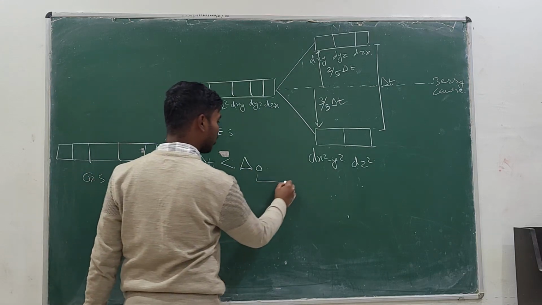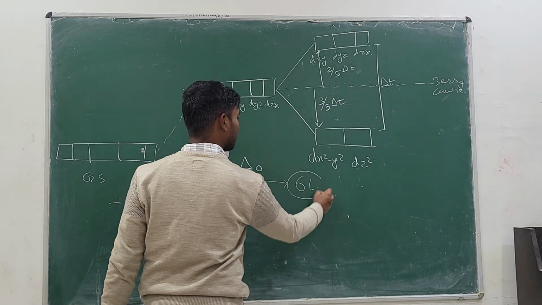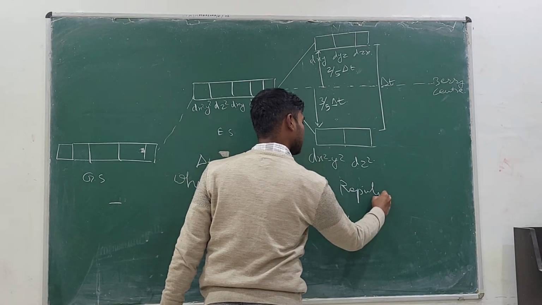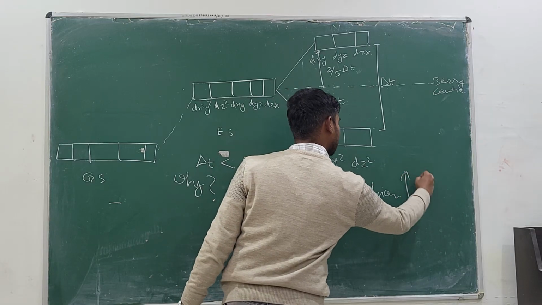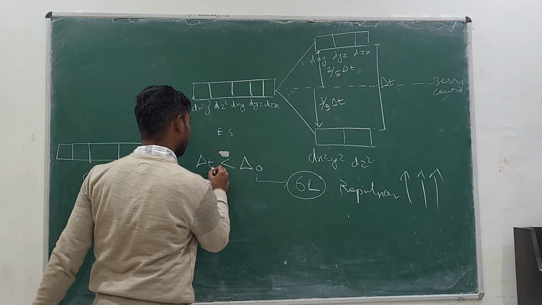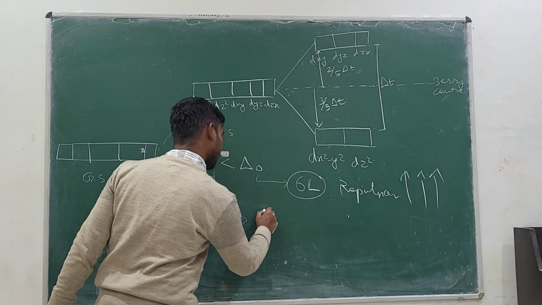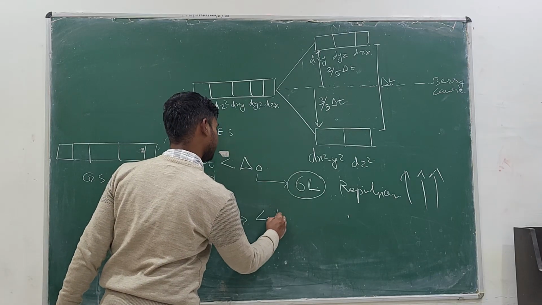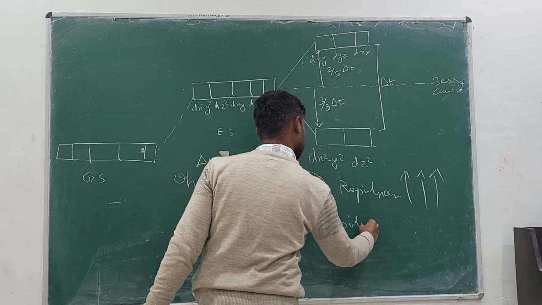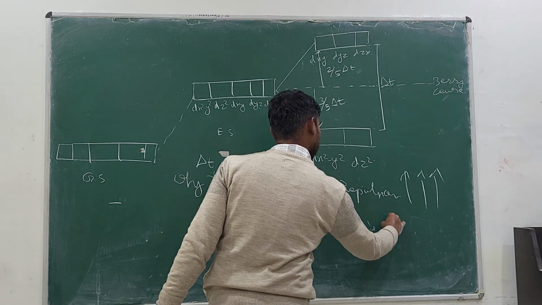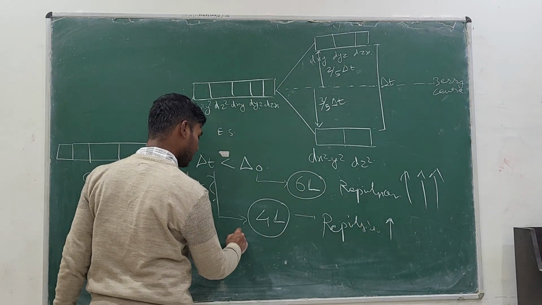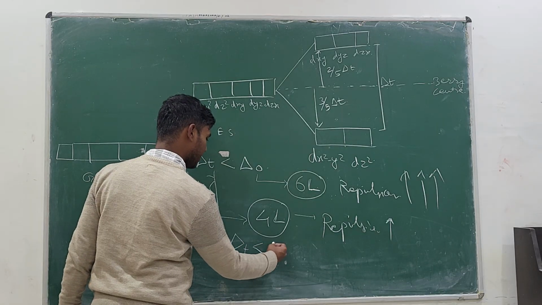Because in octahedral complexes there are 6 ligands approaching, which causes very high repulsion, so the orbitals split more. Whereas in tetrahedral complexes there are only 4 ligands approaching, so the repulsion is less. There is repulsion, but not as high as in octahedral complexes. Therefore our splitting is less than delta O.